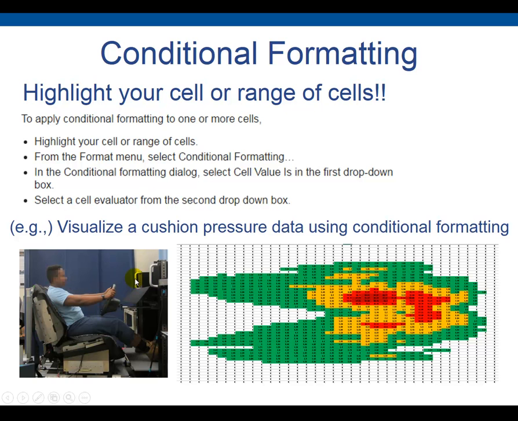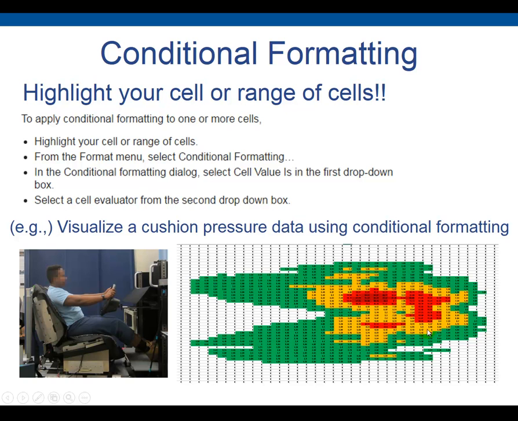Okay, so lastly, I would like to share this information about conditional formatting. As you can see, I showed you these pictures in the last lectures. We can measure the sealing pressure using a pressure mat, and we can also get some data and import the data into Excel, and then I can mark some color, green in the low pressure cells and red or orange in the high pressure cells.